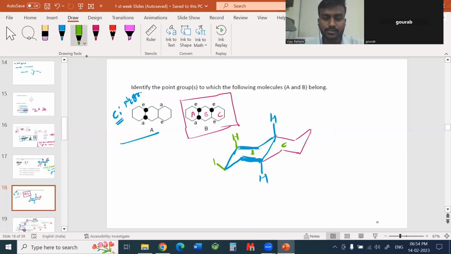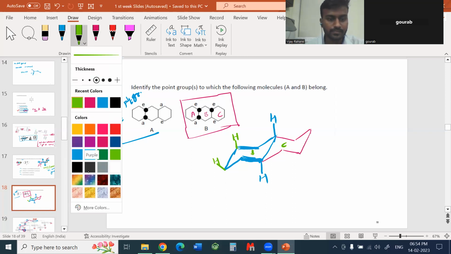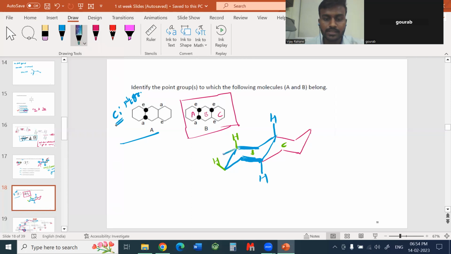Now we need to arrange the remaining carbon atoms. Here it will be in this direction, and here it will be in this direction. After drawing the additional carbon, we need to draw the remaining carbon accordingly so that it becomes a chair-like structure. We'll just rub this carbon hydrogen atom, sorry.